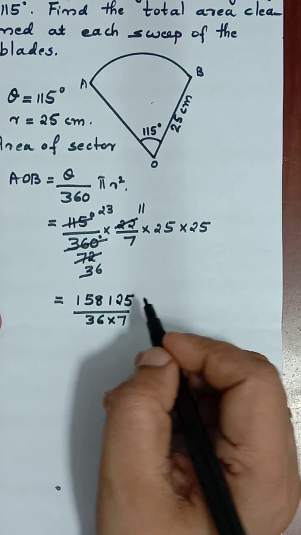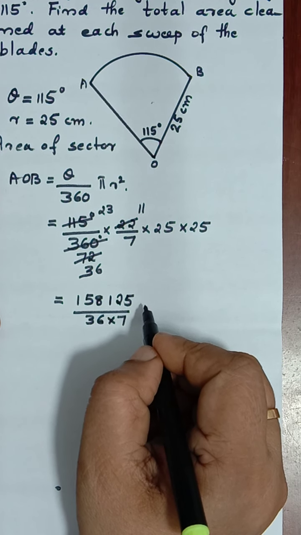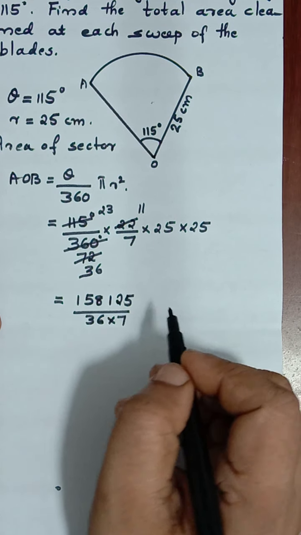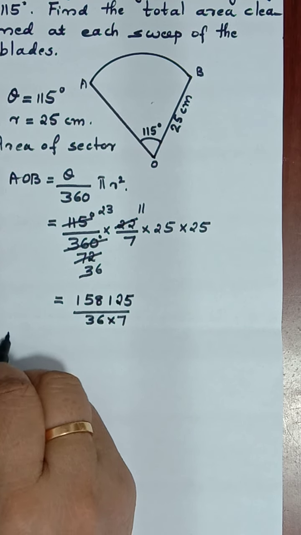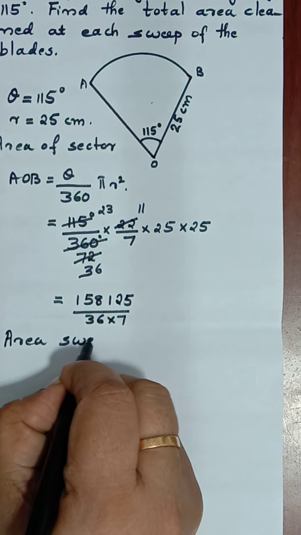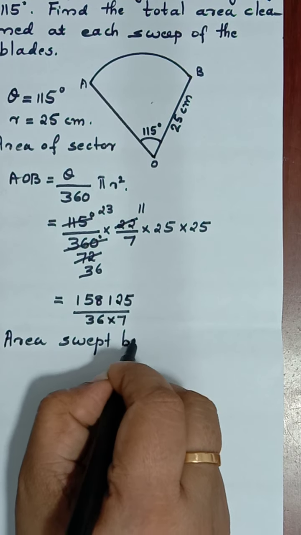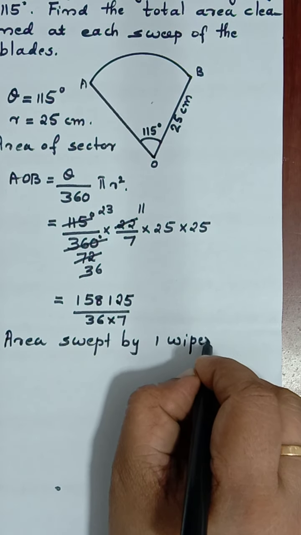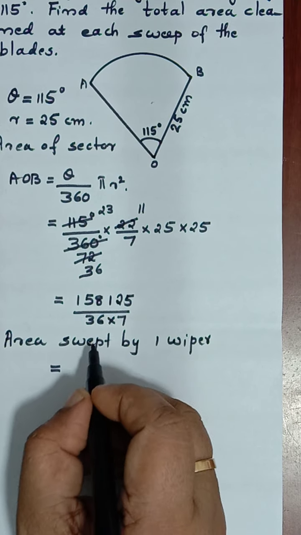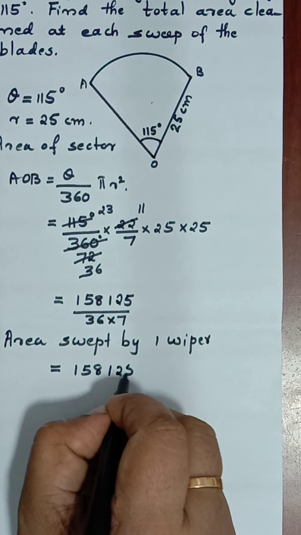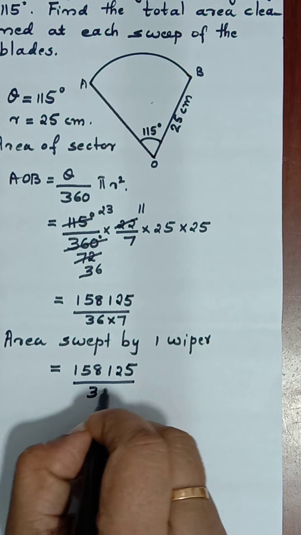So this is the area swept by one wiper, and therefore we have to find out the area swept by two wipers. Therefore first we will write area swept by one wiper. That's equal to this area, 1,58,125 divided by 36 into 7.